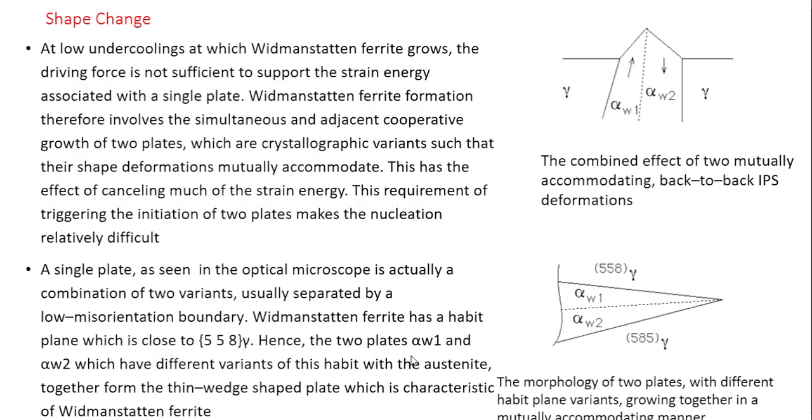Hence the two plates alpha W1 and alpha W2, which have the different variants of this habit plane with the austenite, together form a thin wedge shaped plate which is characteristic of Widmanstatten ferrite. So the requirement here is to accommodate the involved strains, so consequently reduce the overall strain energy.